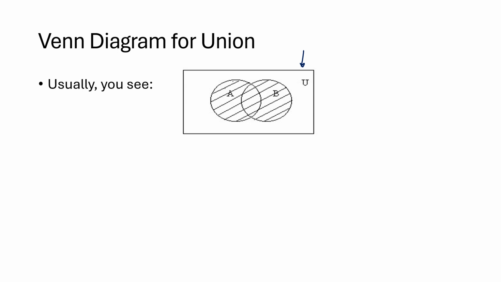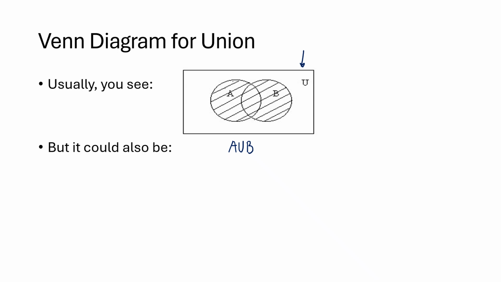So here we have two sets A and B. And if we want to show where A union B is, we need to shade all the area that is included in A as well as all the area that is included inside the circle representing B. So the shaded area represents A union B. So this is called the Venn diagram for the union of A and B.